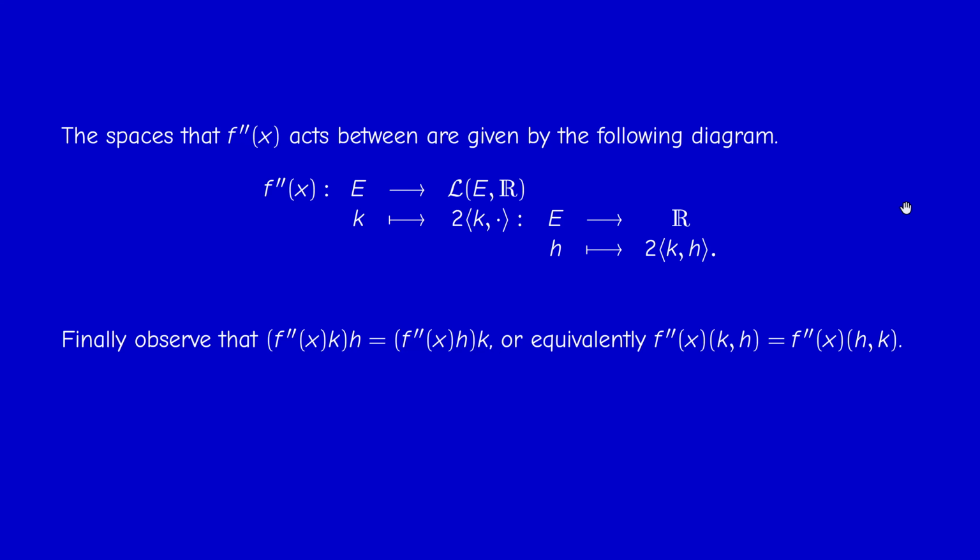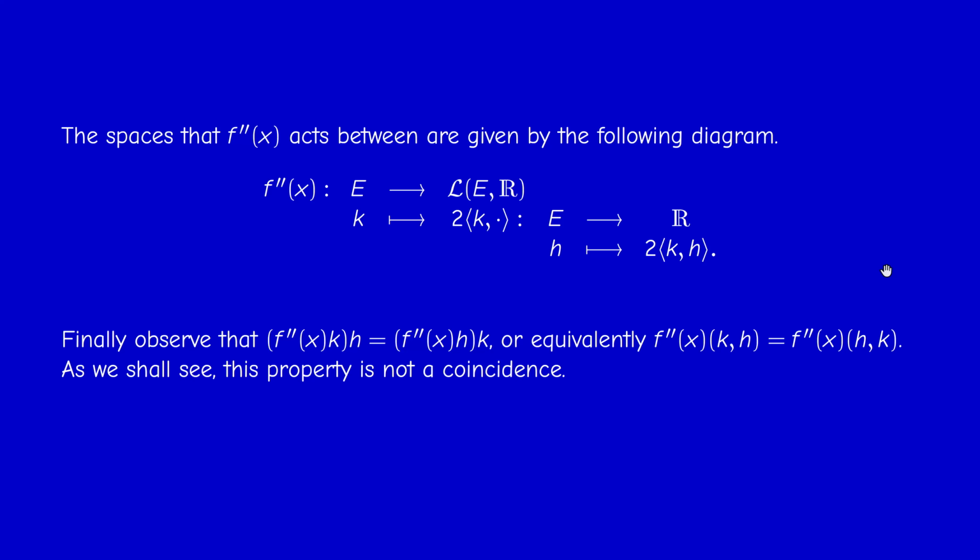And finally, observe that since the inner product is symmetric, we can interchange h and k. So otherwise stated, f double prime of x in the direction k in the direction h is the same thing with h, k reversed. Or if you think in terms of bilinear terms, f double prime at x evaluated at k, h is the same as f double prime of x evaluated at h, k. And as you shall see, this is not a coincidence.